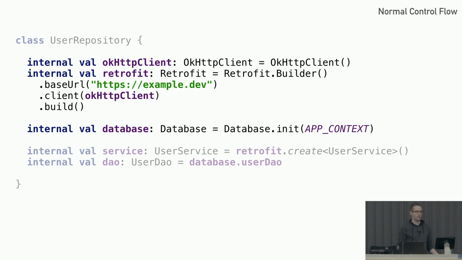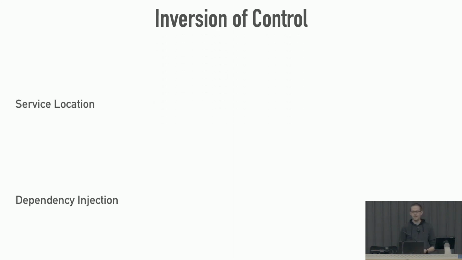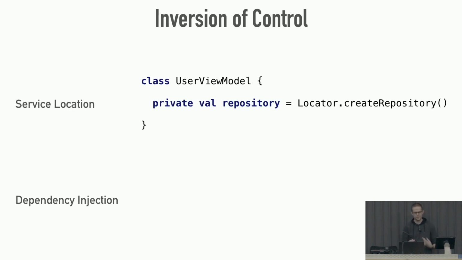For the API, you could either test against an actual API, which is beyond horrible, or you could use a proxy or a Wiremock or something, but nobody wants to do that. So what we're going to do instead is introduce an inversion of control. And this typically gets broken down into two different categories, which would be service location, or service locators, and dependency injection.